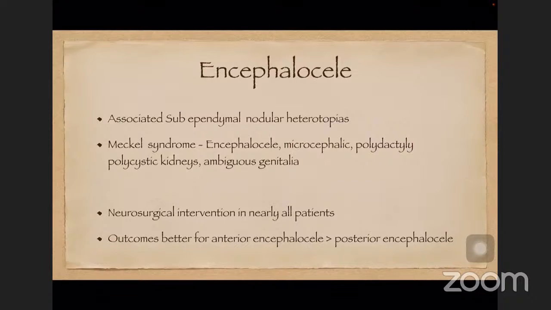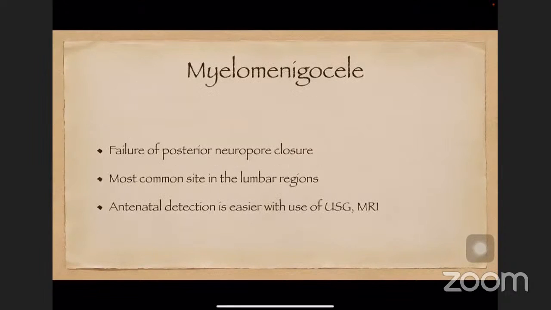And this is one syndrome that we should be aware of, Meckel syndrome, where you have the encephalocele, microcephaly, polydactyly, polycystic kidneys, and ambiguous genitalia. For encephalocele, neurosurgical intervention is required for all the patients, and outcome is usually better for anterior encephalocele compared to the pole, which means the frontal vis-a-vis the occipital ones.